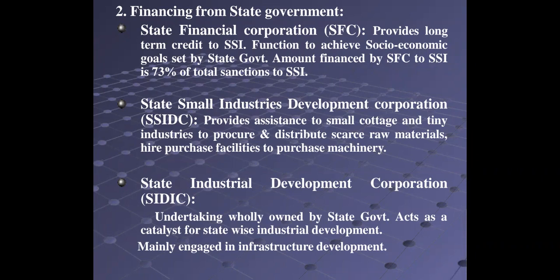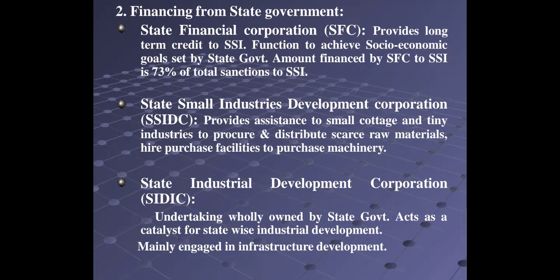They provide long-term credit to small-scale industries and function to achieve the socio-economic goals set by the state government. The amount financed by SFC to SSI is 73% of the total sanctions to SSI. So whatever amount is sanctioned, the purpose is socio-economic development.